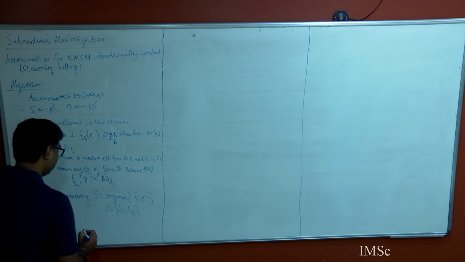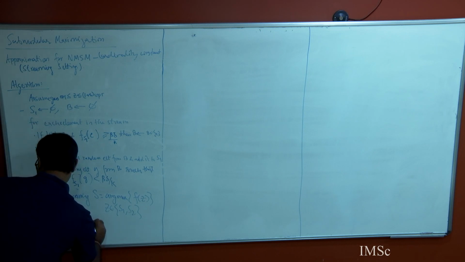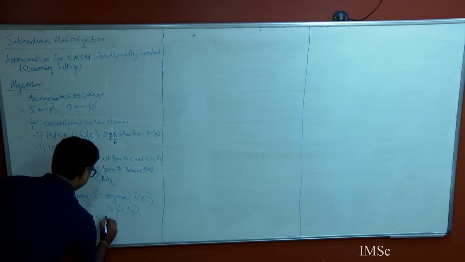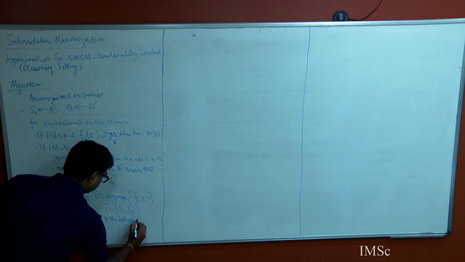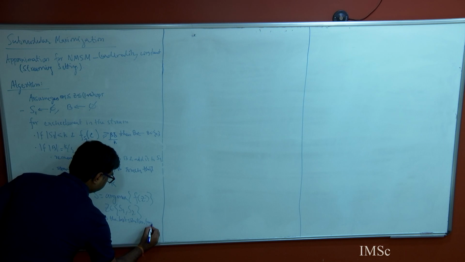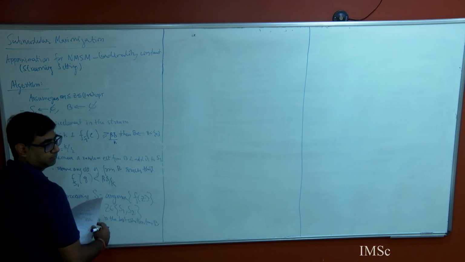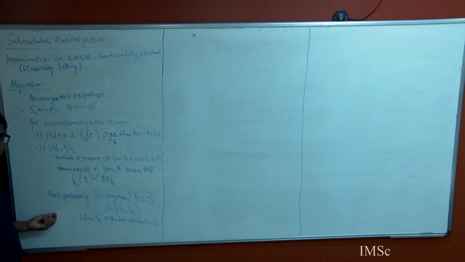You know what S1 is, where S2 is the best solution from B. Look, this step is not polynomial. It depends on the size of B, because I will try all possible subsets as potential S2. But that's okay. It's all about storage.